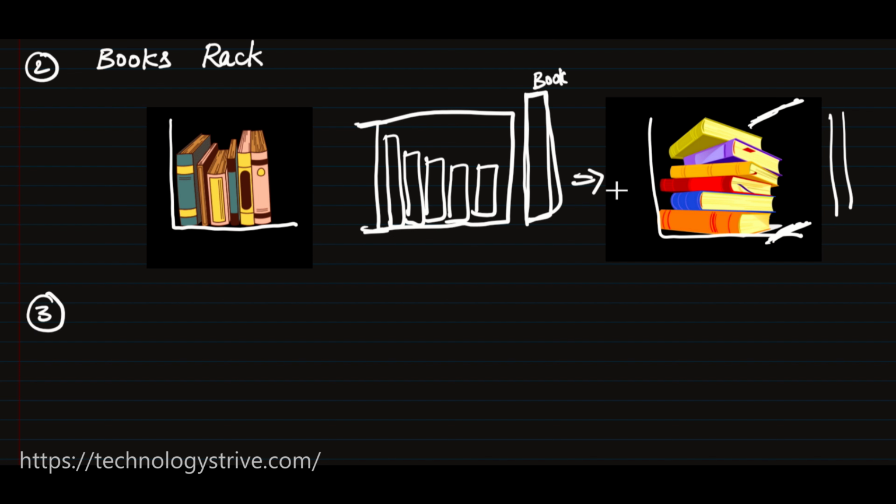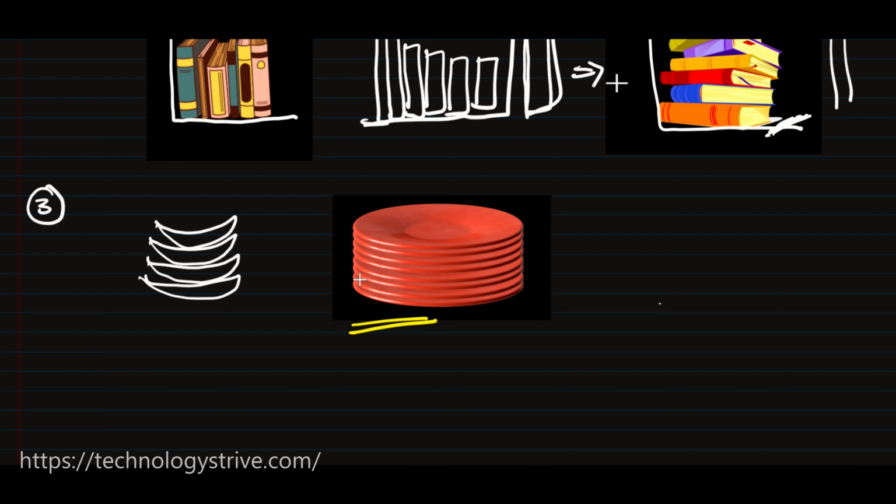Third example is whenever we go to a restaurant or buffet system, we do see a stack of plates. So plates are kept one on another, something like this. Then we always try to pick the first one only, right? Because it is easy to access.